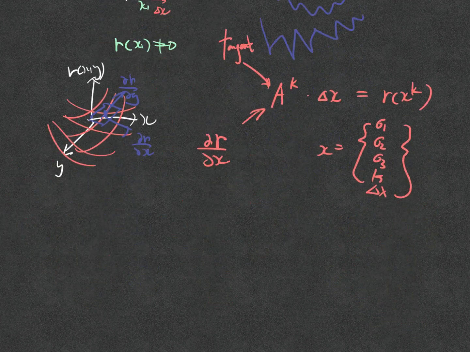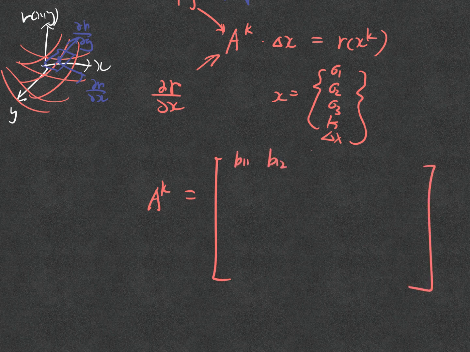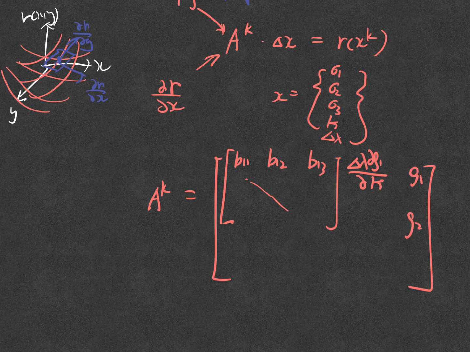Now, in this particular case, I'm interested in creating a strain-based update, and that A_k would be equal to B11, B12, B13, and so on. So this would be a 3x3 matrix times the delta lambda stress corrections, G1, G2, G3.